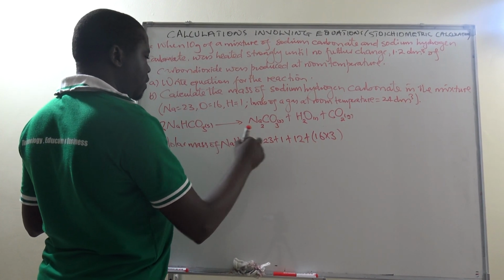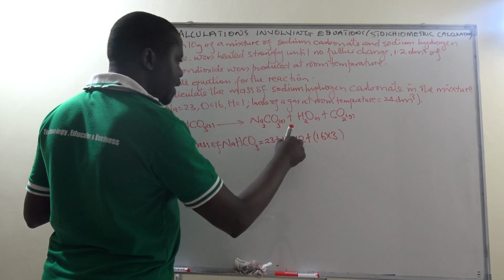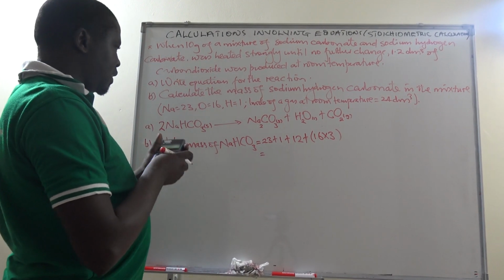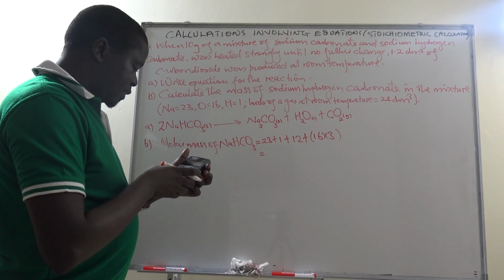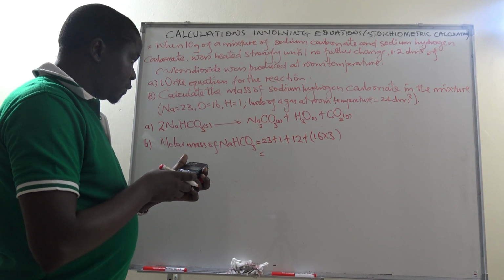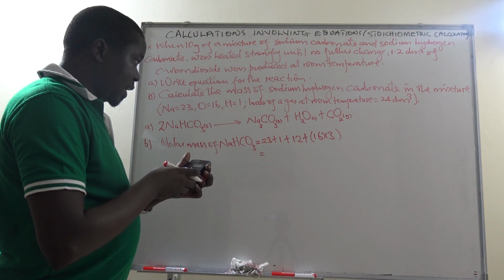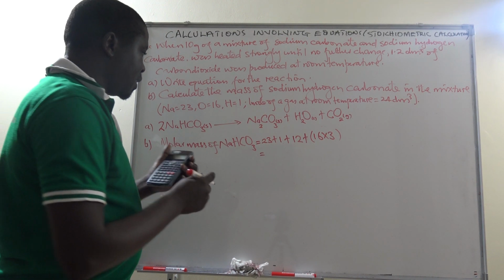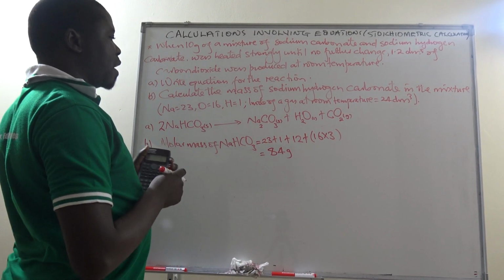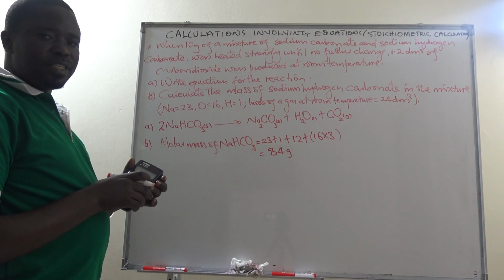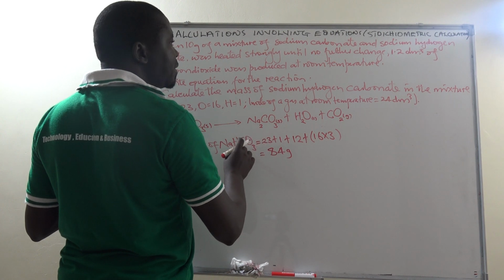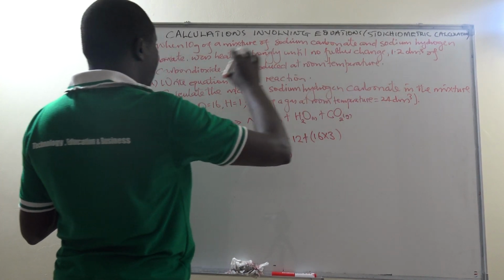This is sodium 1 atom, hydrogen 1 atom, carbon 1 atom, and then oxygen 3 atoms. What is our molar mass in this case? It is 23 plus 1 plus 12 plus 48. And this one gives us 84 grams as being the mass of 1 mole of sodium hydrogen carbonate.